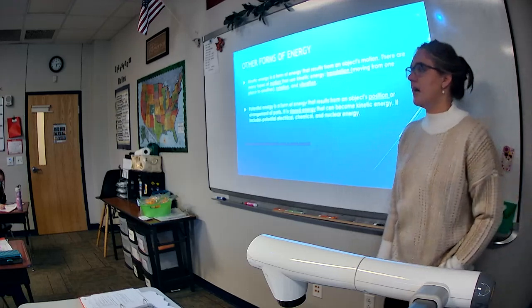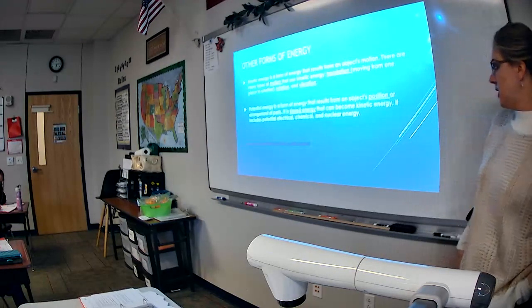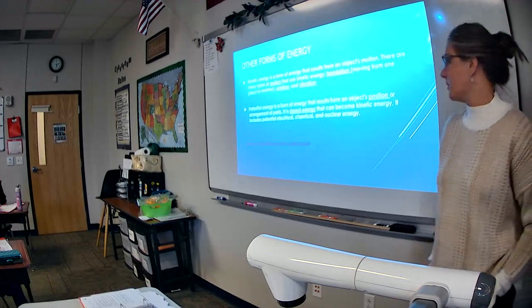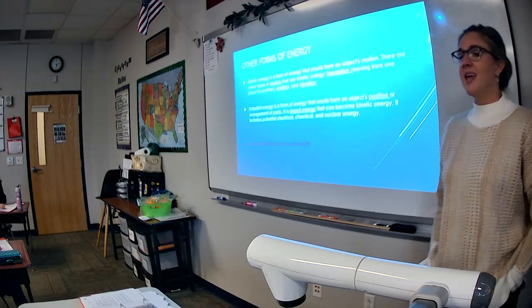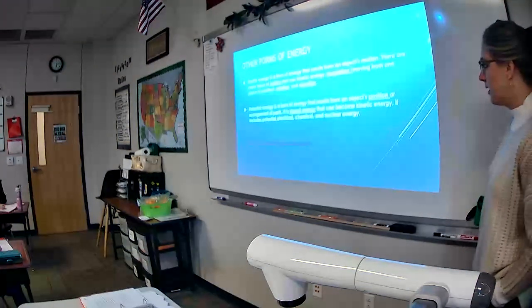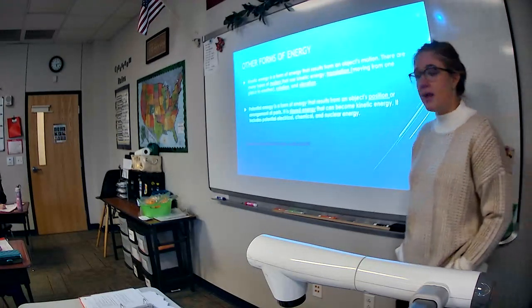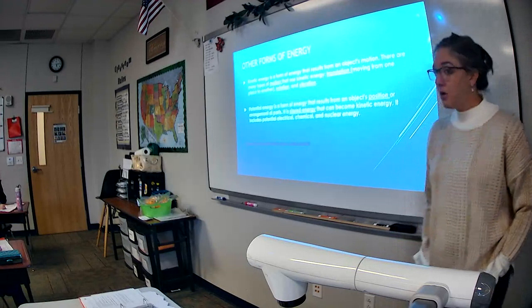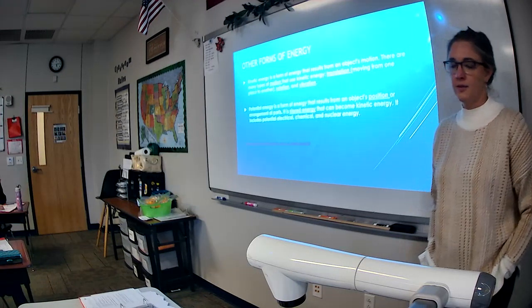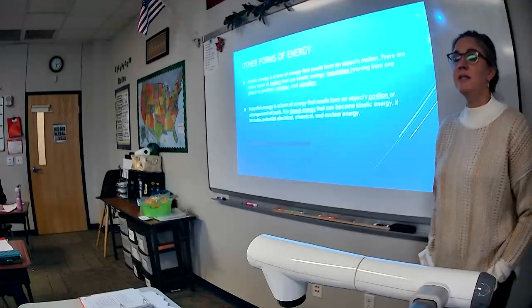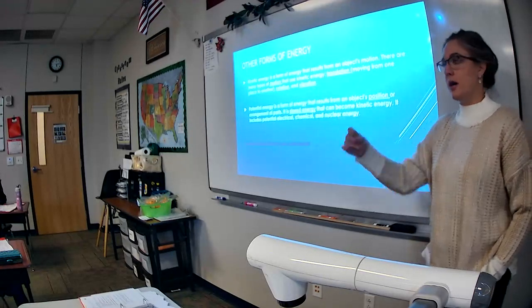Potential is a form that results from the object's position or arrangement of parts. It is stored energy that can become kinetic. It includes potential electrical energy, potential chemical energy, and potential nuclear energy. Okay? Does it have the potential to create electricity?